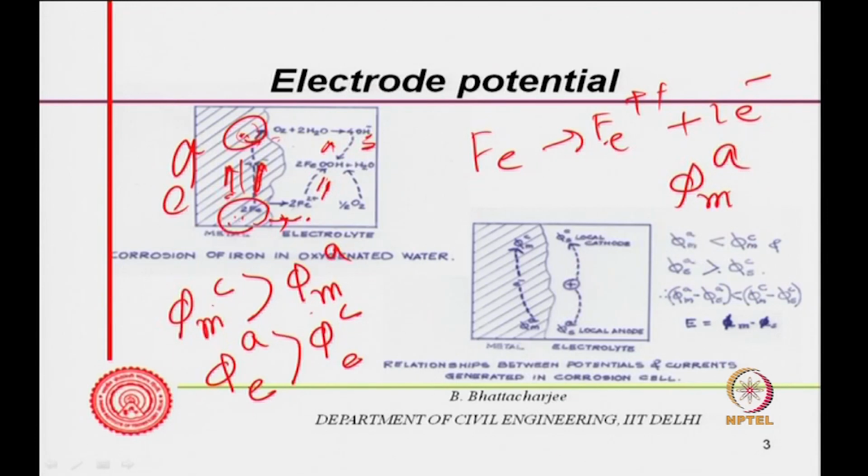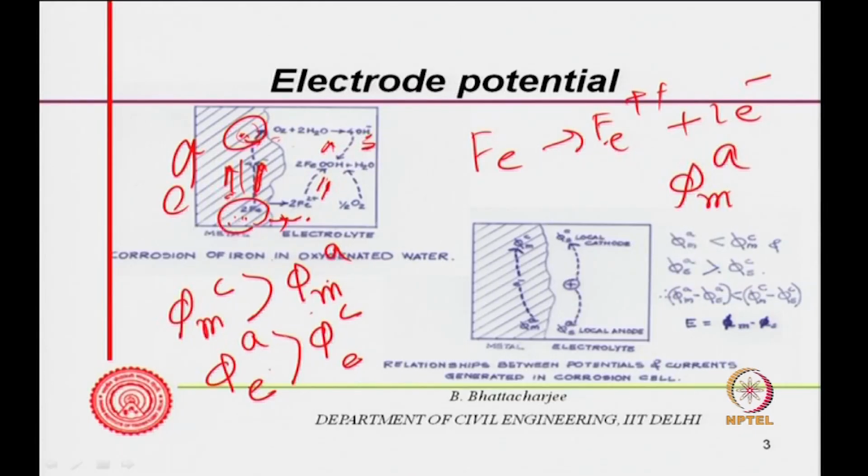So, the potential in the metal at the anode is less than at the cathode, and in the electrolyte, the potential at the anode is greater than at the cathode, because the Fe ion is moving along this direction and the electron is moving along the other direction.